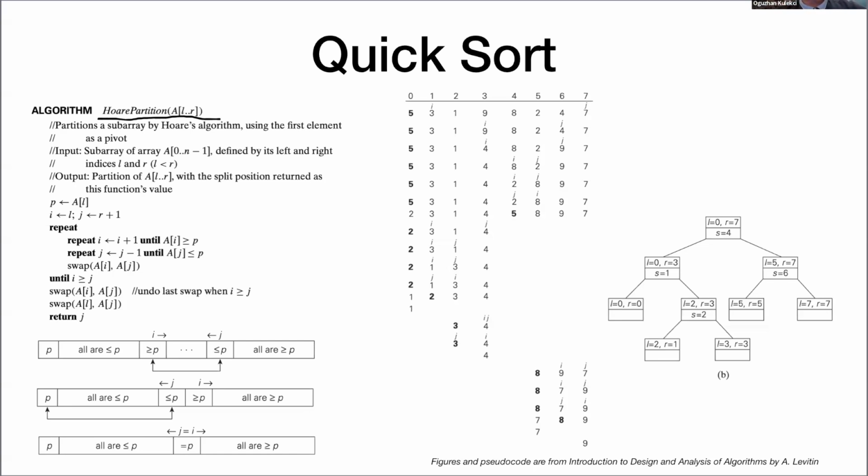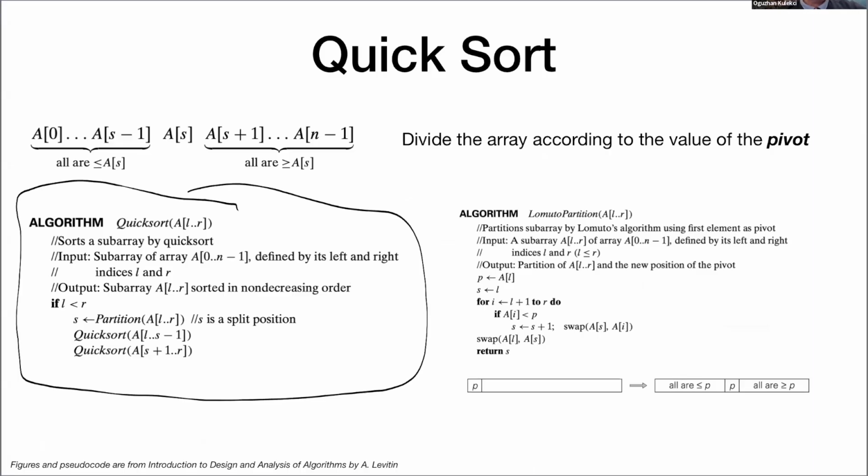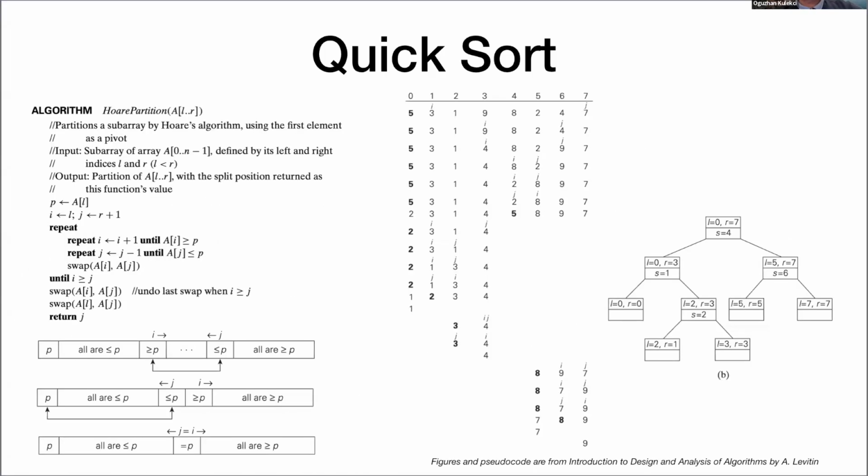Again, let me repeat, there is nothing different. The original quicksort algorithm is not changing. But for this partitioning, instead of using the Lomuto partitioning, we will be using another one. We will be using the Hoare partition, okay?